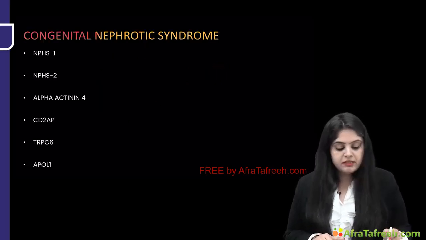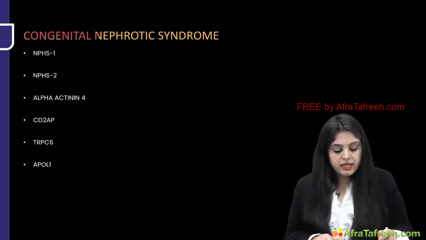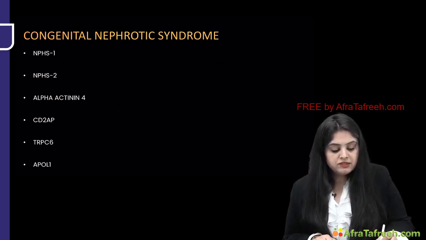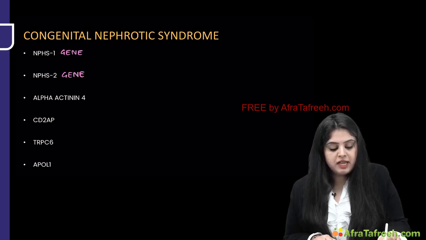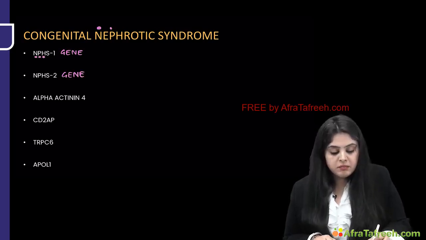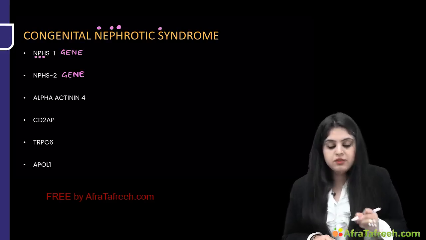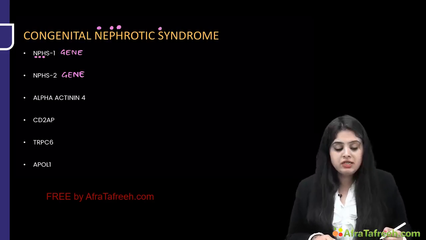So look at this. The nephrin goes wrong means what? Can you see that there are 2 genes written over here? NPHS1 and NPHS2. First know their full form: NPH is nephrotic and S is syndrome. So these are the nephrotic syndrome genes.